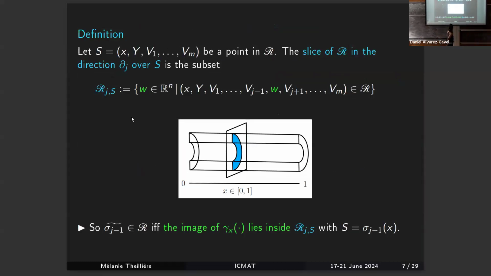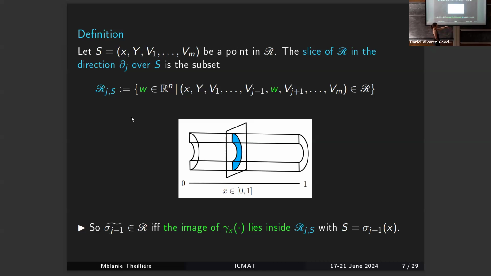For that, we have to check the slice of the relation. We define the slice of the relation in the direction dj over a point s in the relation, like the set given by all possible values we can take for the partial derivative dj, but fixing the other components of the big tuple, the ones which belong to the relation.